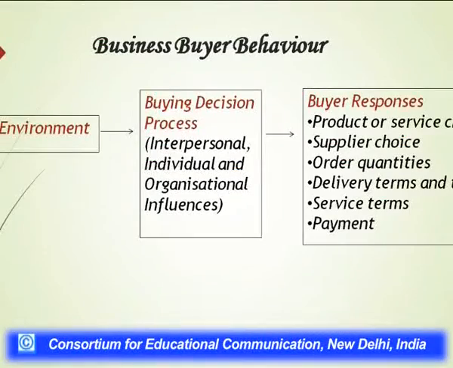In a nutshell, we can understand the business buying decision process like this. There is a supra-system environment which poses certain constraints, opportunities and threats to the business buyers. The buying decision process usually undergoes a series of stages, starting again from the need recognition to the final decision, and at various levels is governed by the influence which is exhibited by the interpersonal, organizational and individual influences.